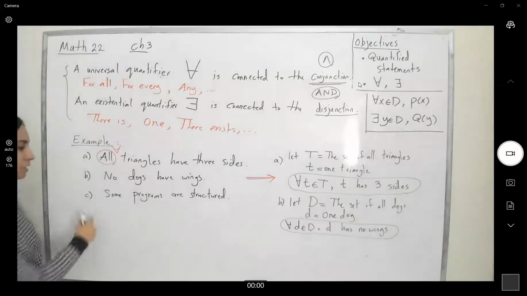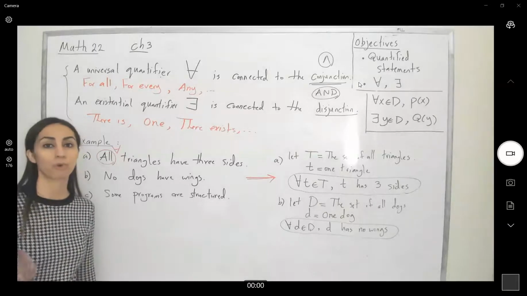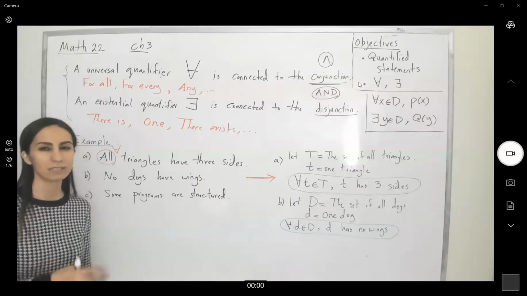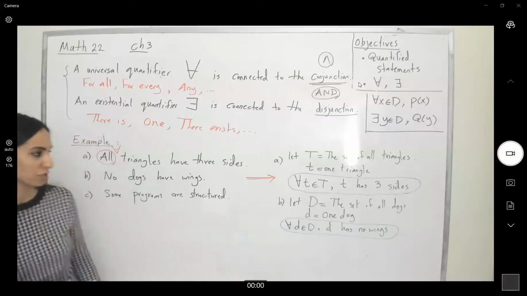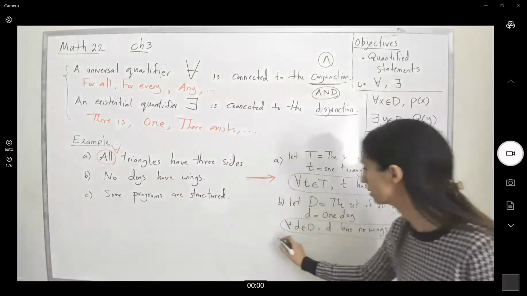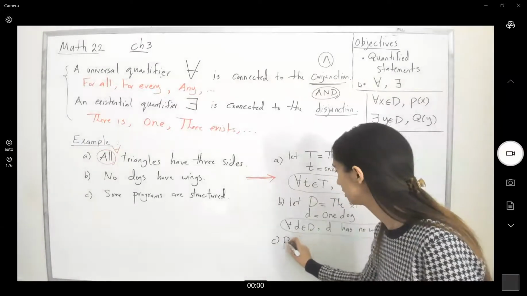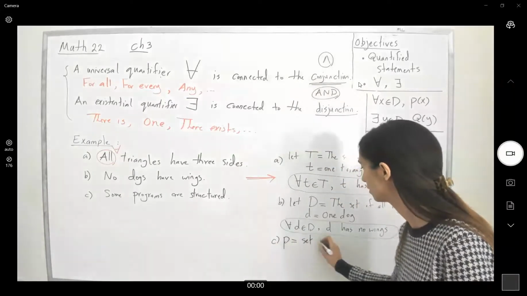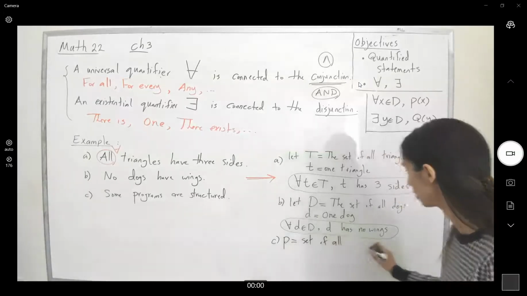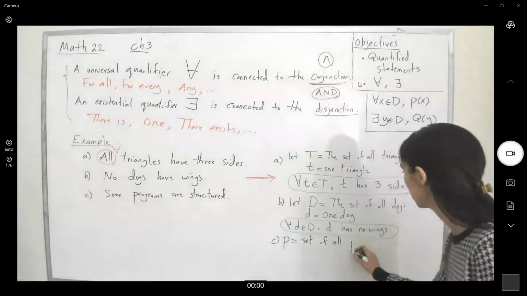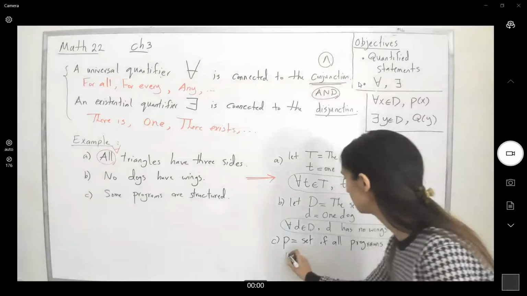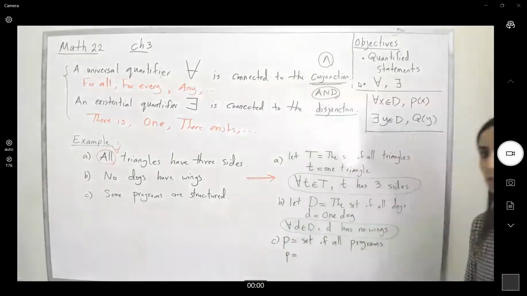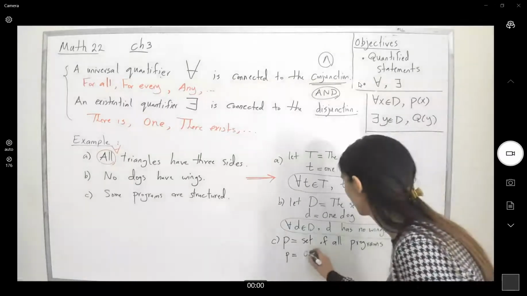How about C? Some programs. There is one or more programs that are structured. So think about it this way. Suppose P is the set of all programs, and p representing one of these programs.